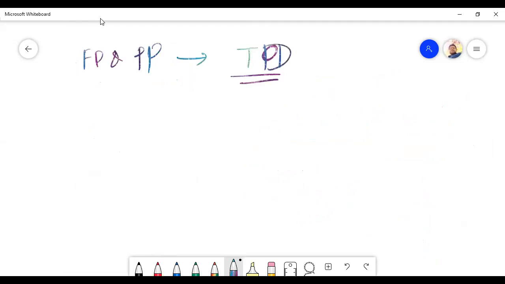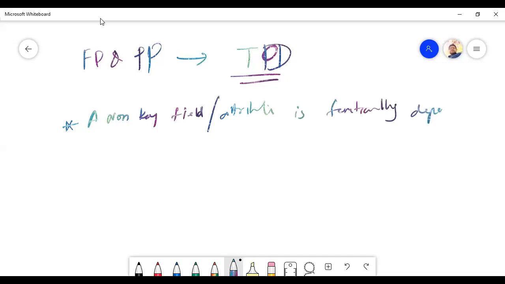transitive dependency. Transitive dependency is very easy. You can see a non-key field or attribute is functionally dependent on another non-key attribute.